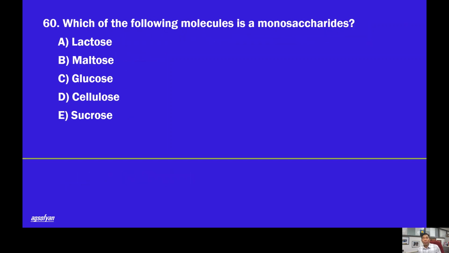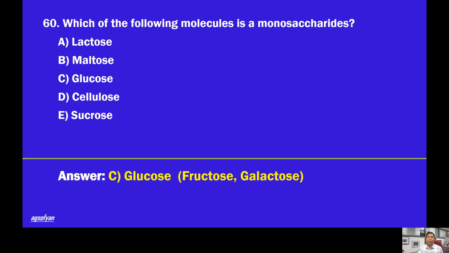60. Which of the following molecules is a monosaccharide? A. Lactose, B. Maltose, C. Glucose, D. Cellulose, E. Sucrose. Choose your answer. Yes, glucose is an example of monosaccharide.